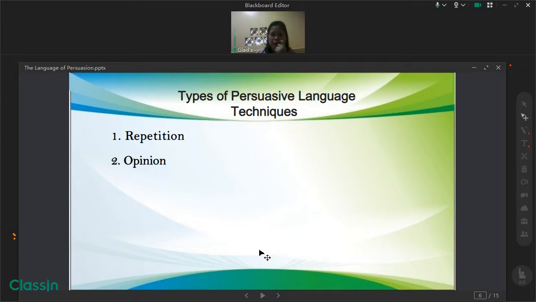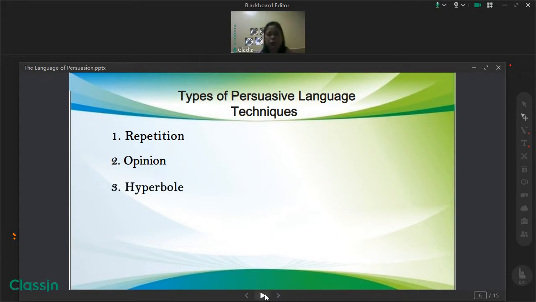So it will affect the readers, audience, or viewers, and they will believe in the opinion of that expert. Another example is that teens should have access to private medical appointments. Another could be that fact baiting should be banned. So those are the uses of opinions as a persuasive language technique.